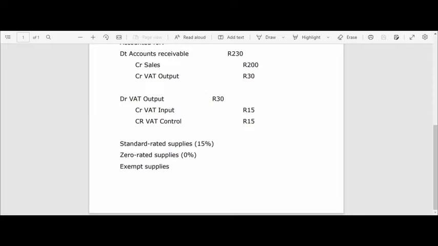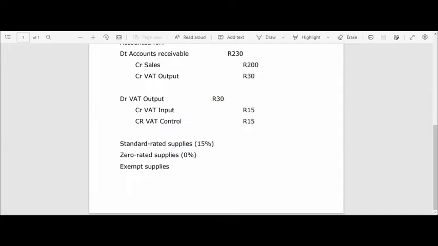But if you owe the money to the revenue service, like in this case, if at the end of the month you've got a credit balance on your VAT control account of 15 rands, then you're going to disclose it on the face of your statement of financial position under current liabilities. And next year in financial accounting, thank you, Lucille, exactly, under current liabilities.